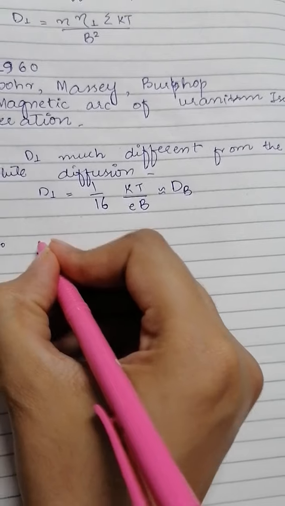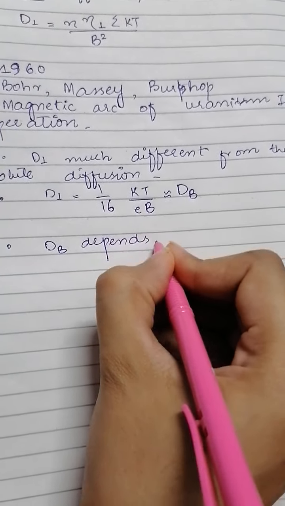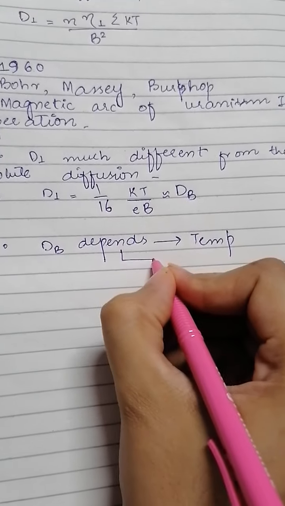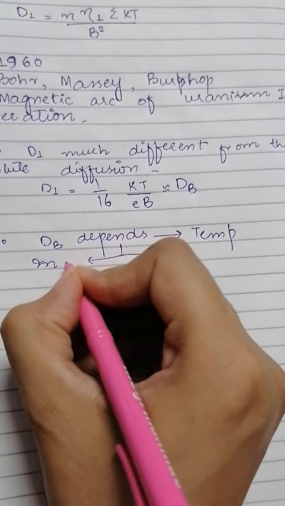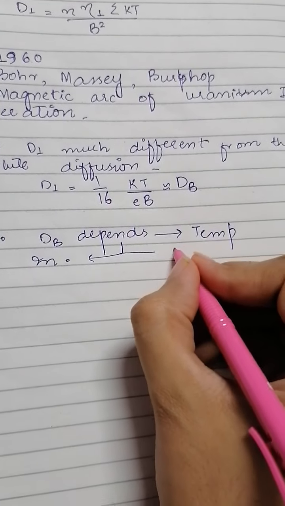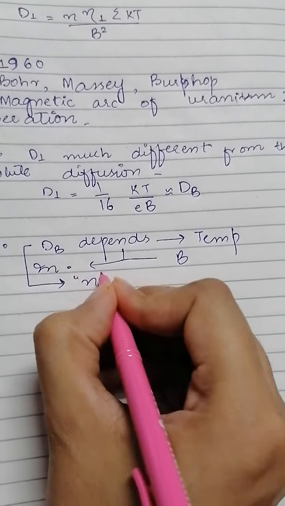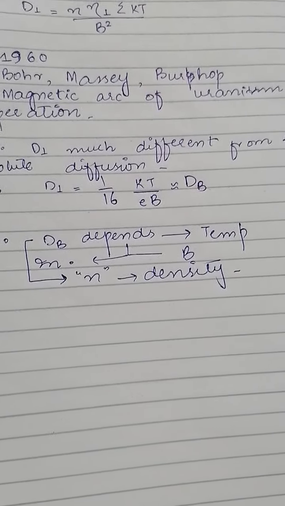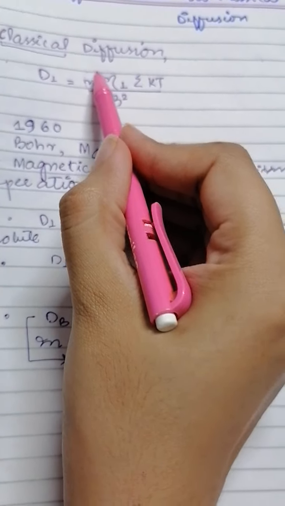It shows that Bohm diffusion depends upon temperature but is independent of magnetic field, and you can see there is no use of density in the above equation of Bohm diffusion, as in classical diffusion.